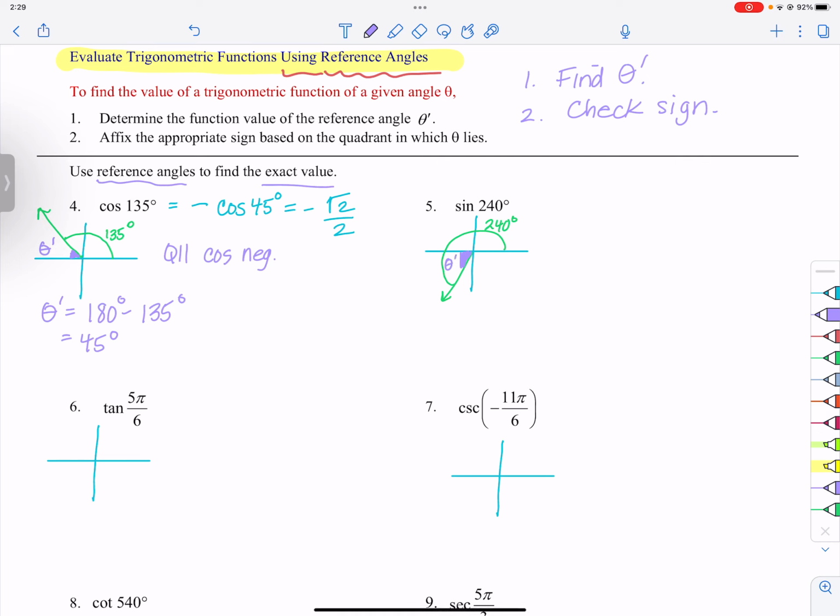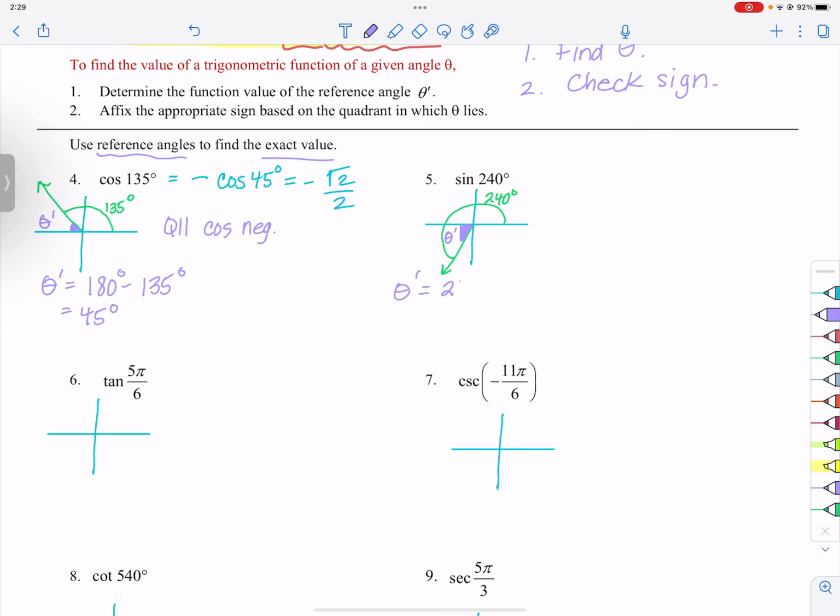And in order to find theta prime, we will have all of 240 degrees minus 180. And we will have 60 degrees. Now, the sign in quadrant 3 is negative. So in quadrant 3, the sign is negative. So I'm going to go ahead and put that negative there.